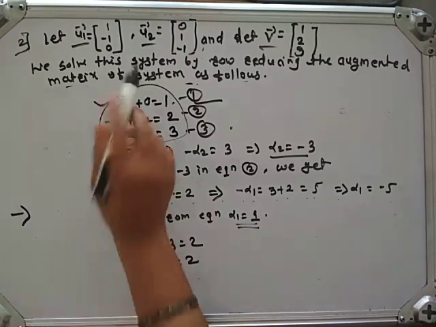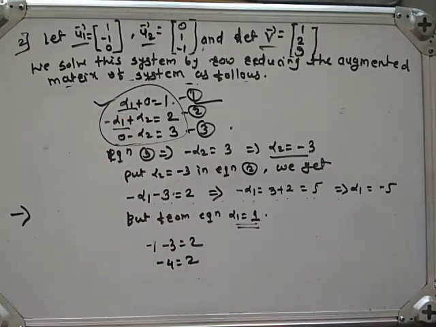Therefore, this system of linear equations has no solution; that is, this system is not consistent. Okay, we will stop here. Thank you.